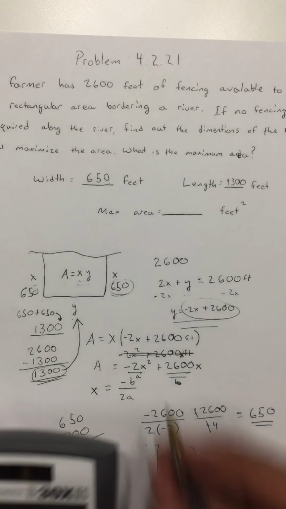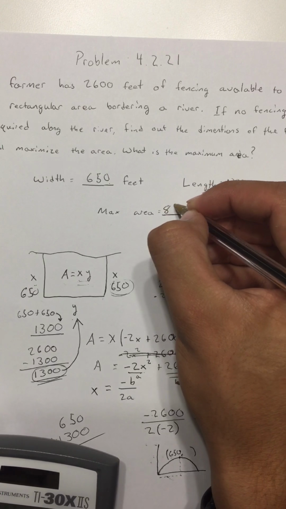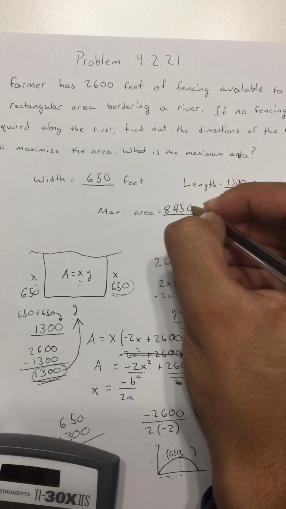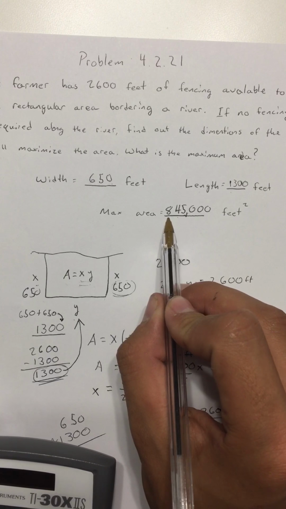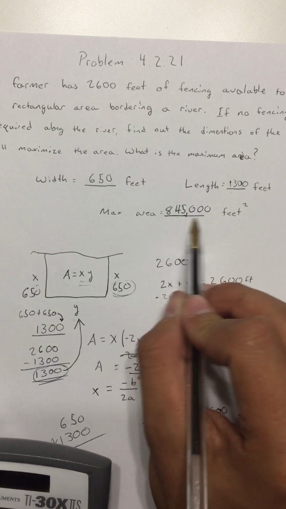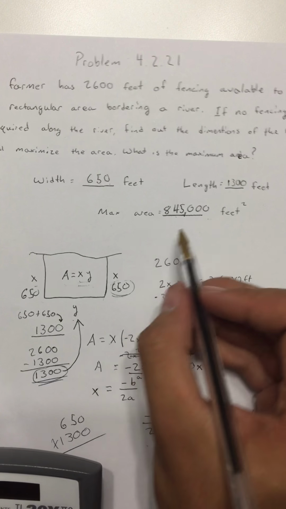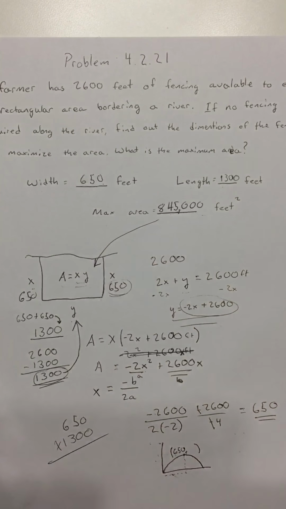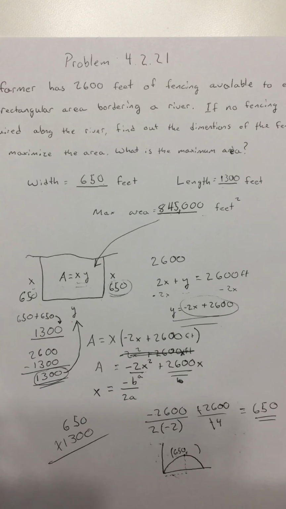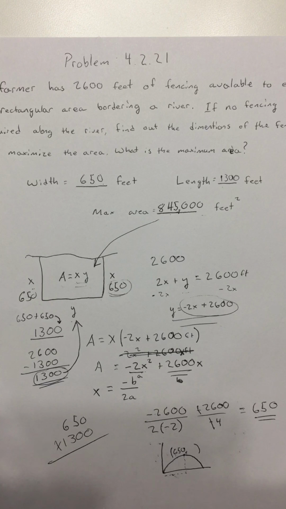So let's write that down. 845,000 feet squared is our maximum area for this pasture or whatever this farmer's wanting to do. So there you go.